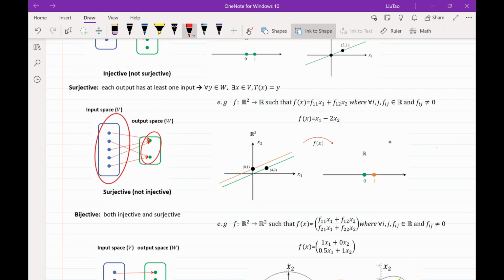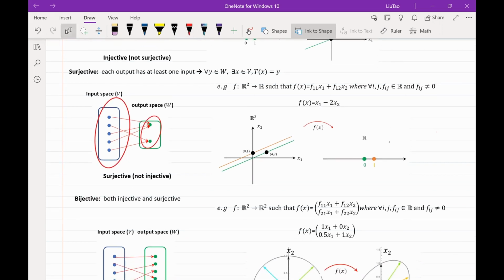surjective. Now let's take a look at a linear map from R2 to R, and f(x) is equal to f11 times x1 plus f12 times x2. So in order to visualize this relationship, let f11 equal 1 and f12 equal negative 1.